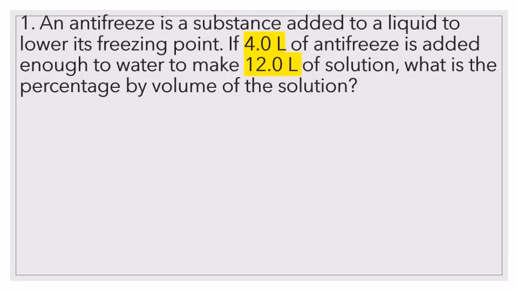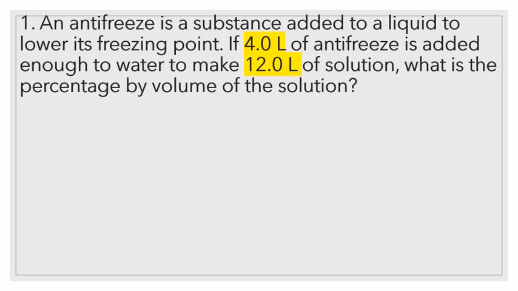Example number 1. An antifreeze is a substance added to a liquid to lower its freezing point. If 4 liters of antifreeze is added to enough water to make 12 liters of solution, what is the percentage by volume of the solution? So we have here two given.